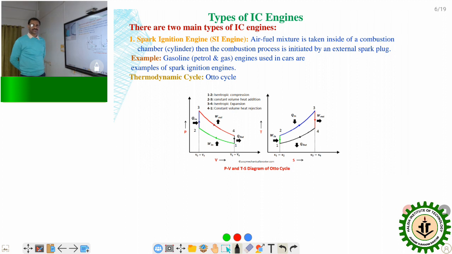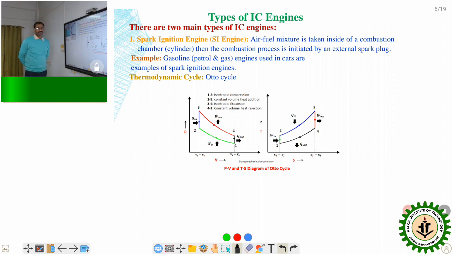Then 3 to 4 is expansion, which happens in the expansion stroke, also called the power stroke. So 3 to 4 is isentropic expansion, and 4 to 1 is constant volume exhaust of the gases from the cylinder. It is also represented in the TS diagram.